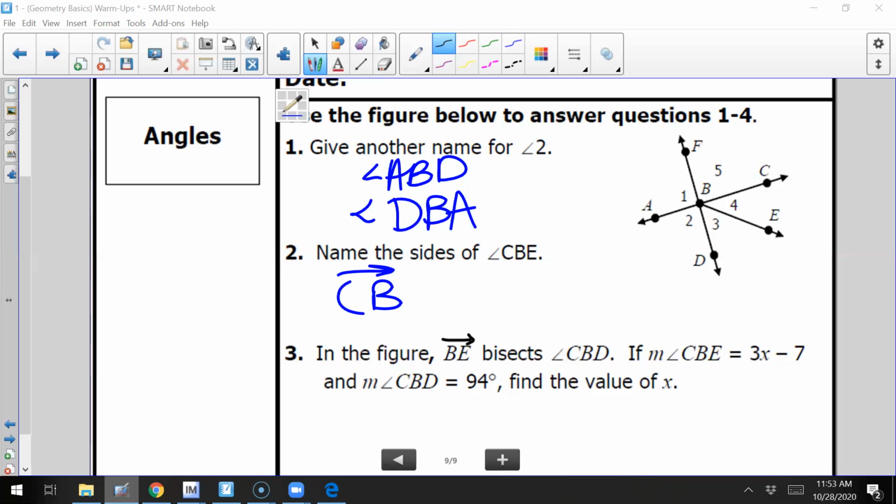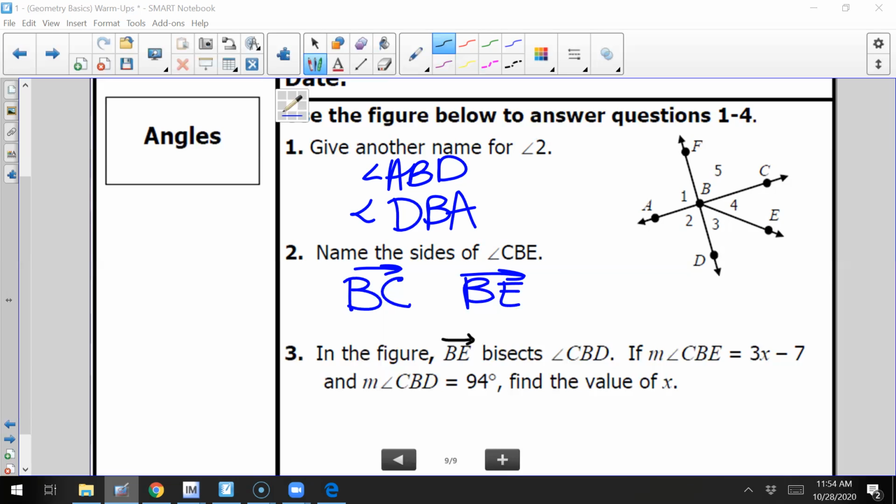When you name it as a ray, remember the endpoint is first, then the point where the arrow extends. So it's got to be ray BC. And then what's the other one? Ray BE. Because remember, angles are made up of rays. Two rays that come together at a vertex is an angle.